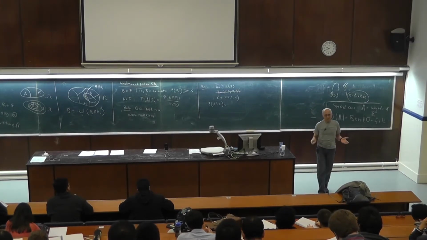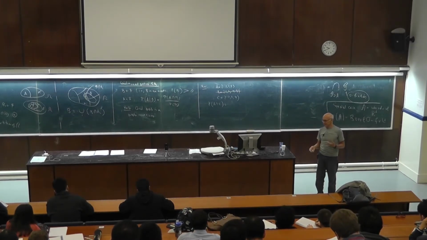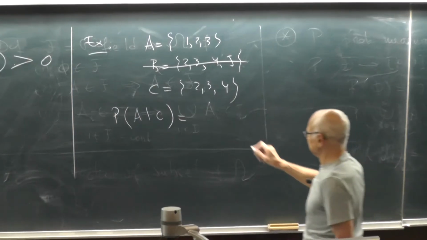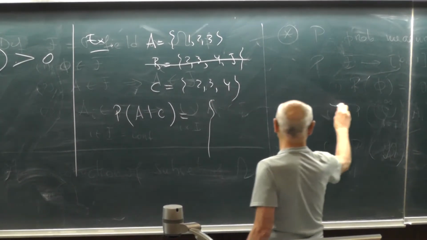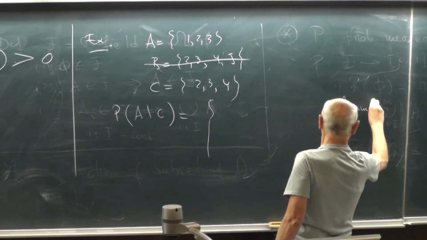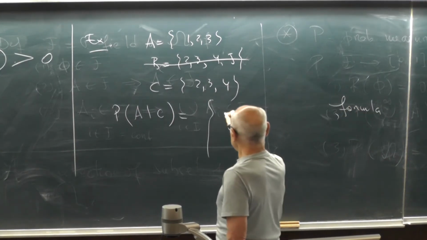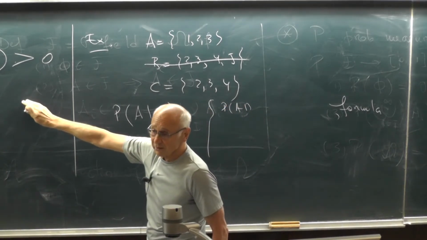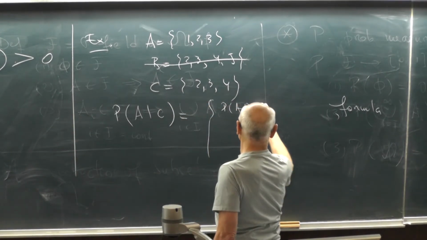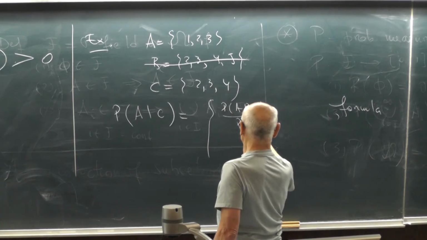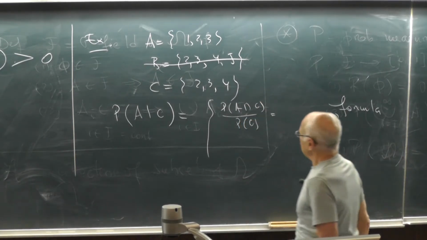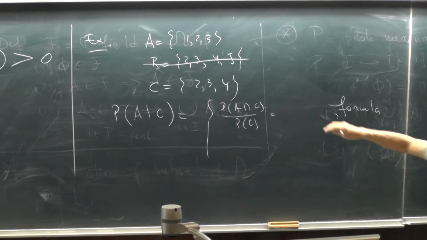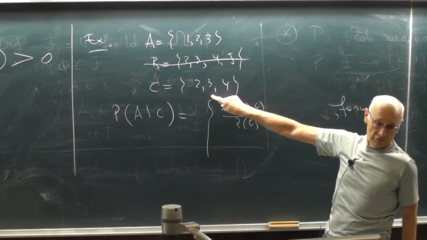So you can calculate it in two ways, by formula and by intuition. Let's do it by formula. I'm copying this formula here, right? A intersection with C. The intersection of A with C is 2 and 3.